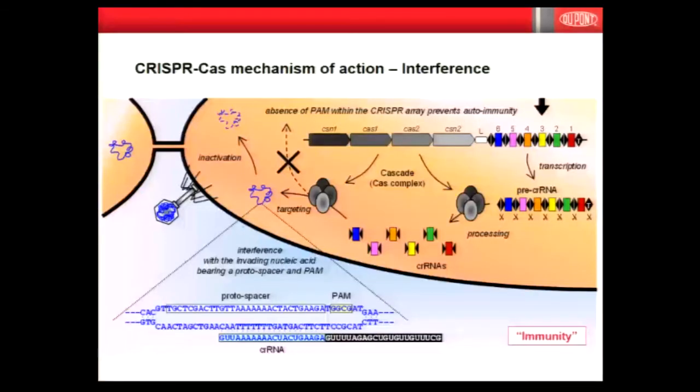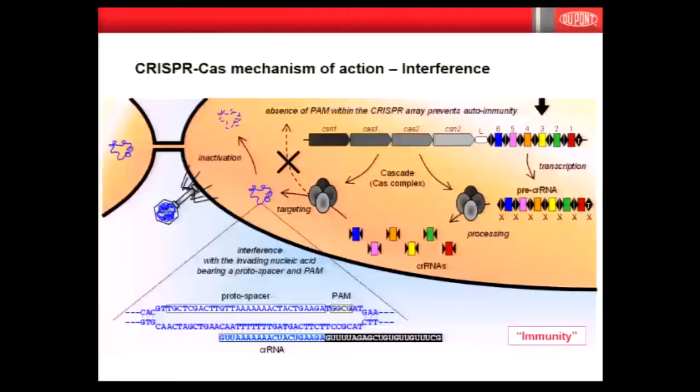So this is the first stage, adaptation, and it's exploited through what has been called interference, whereby the bacterium uses the information stored into the CRISPR array by converting this DNA into a long RNA corresponding to this CRISPR locus, which is then processed into small interfering RNAs that more or less contain each spacer and a small part of the repeat on both sides or just on one side.